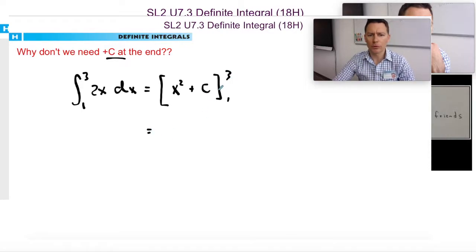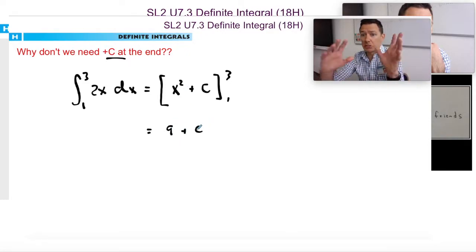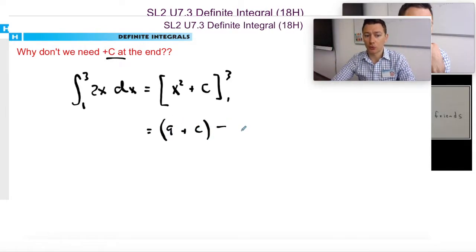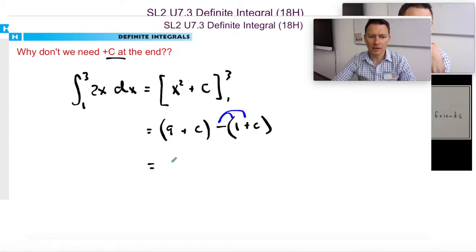We subtract these: we evaluate at 3, so this would be 3 squared, 9, plus c. I don't know what c is. Who cares what it is? And we subtract, put the 1 in there, and you get 1 squared, 1, plus c. It's the same c, right? Well, we're distributing this, so this ends up being 9 plus c minus 1 minus c.